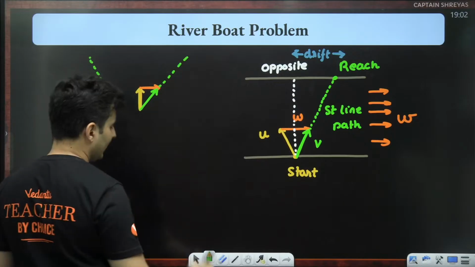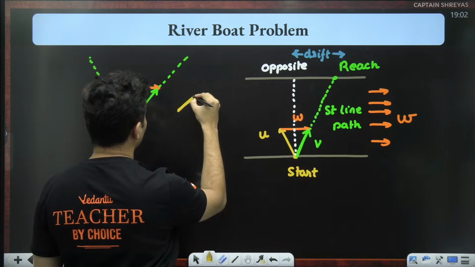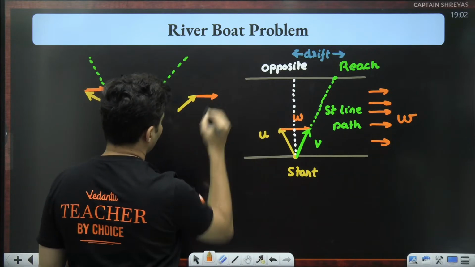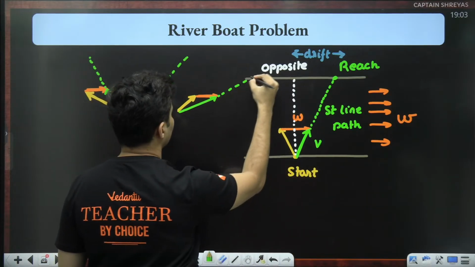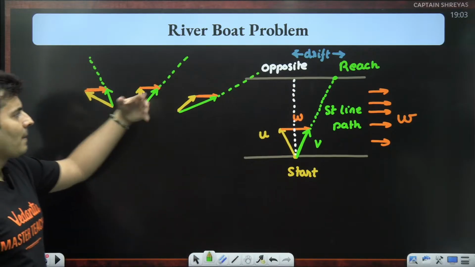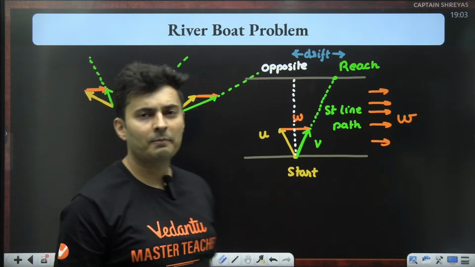I will end up going like that. Or I swim only at an angle in this particular direction. The river will pull me like this, and my resultant will be much longer like this. In all the cases, what you will see, the drifts are different. The time taken to cross will also be different.